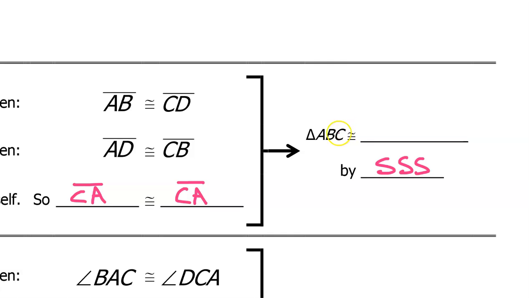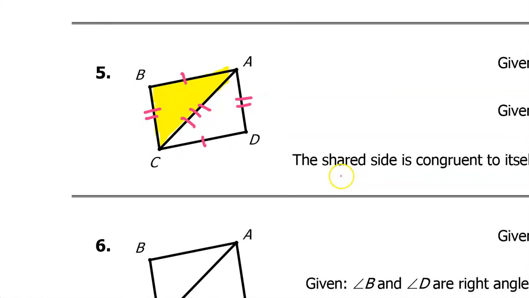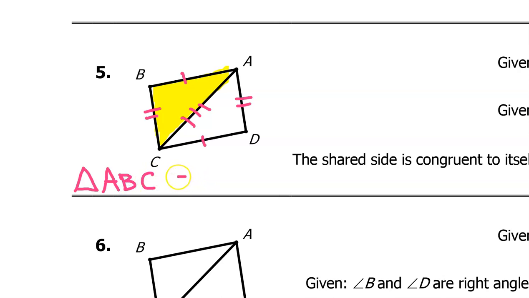Now it's time for the congruence statement. This is tricky for students. A lot of students will get this wrong. So let's be as careful as we can. So we have triangle ABC is congruent to triangle what?